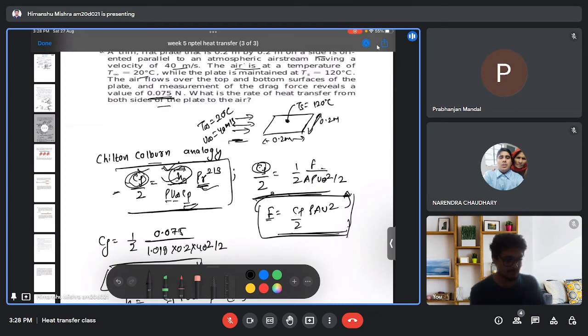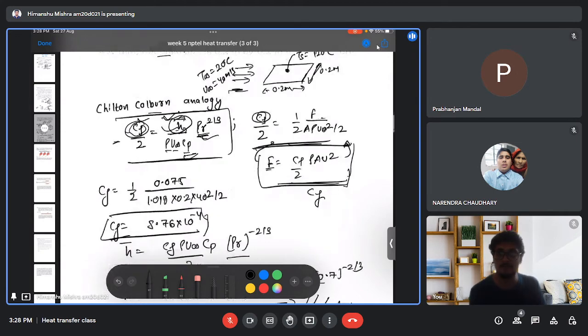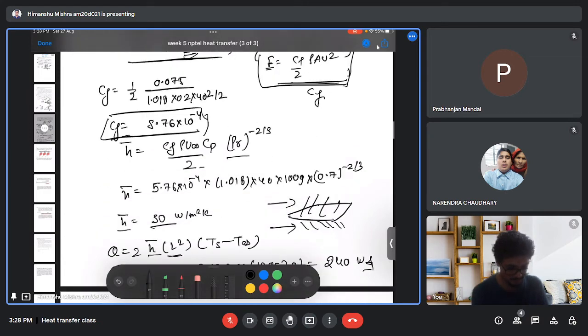From this relation we found CF, and then from the Chilton-Colburn analogy we found the heat transfer coefficient, which comes out to be 30. Once we got the heat transfer coefficient, we just need to use Newton's law of cooling to get the total heat transfer rate.